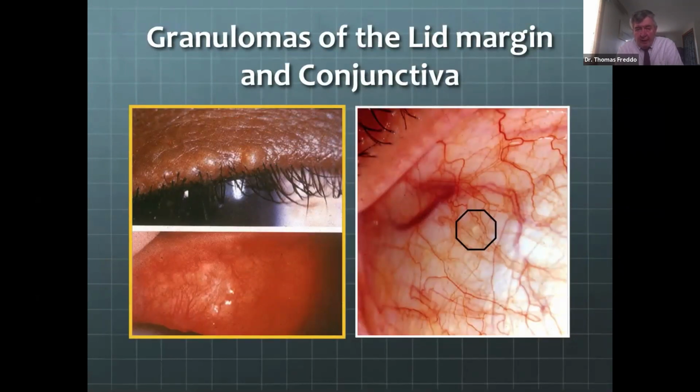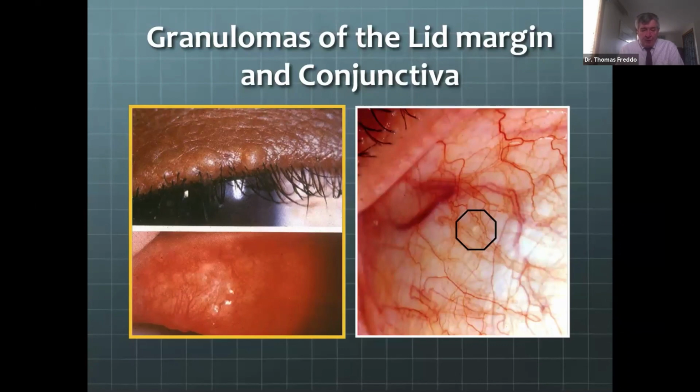You can, of course, get granulomas of the lid and granulomas of the conjunctiva. In the upper left, you can see these lumps along the lid margin, each representing a granuloma, in a patient with sarcoid.